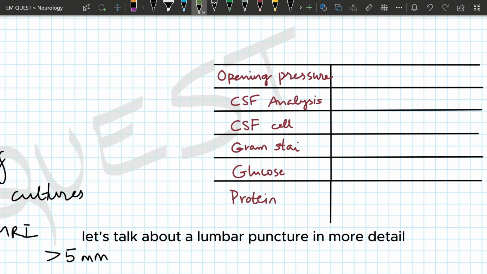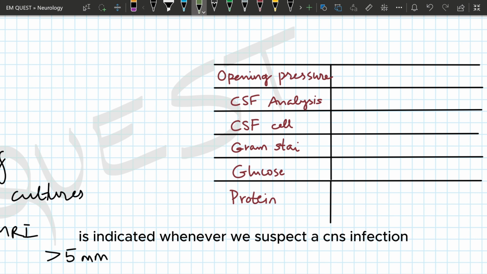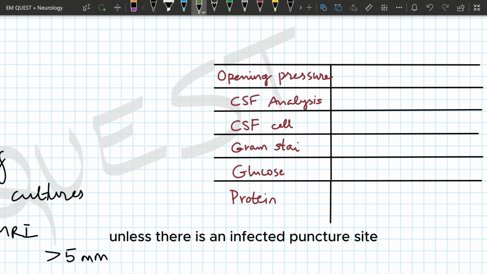Let's talk about a lumbar puncture in more detail. As we discussed, a lumbar puncture for CSF analysis is indicated whenever we suspect a CNS infection, unless there is an infected puncture site or there is a risk for brain herniation. Although the literature says that coagulation studies do not need to be routinely obtained before getting an LP, in reality most physicians would consider getting them regardless of a history of coagulopathy or anticoagulation.